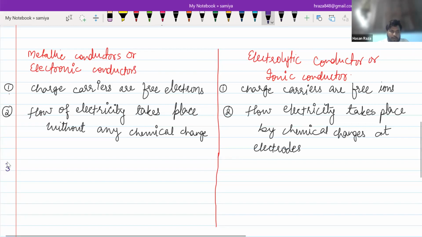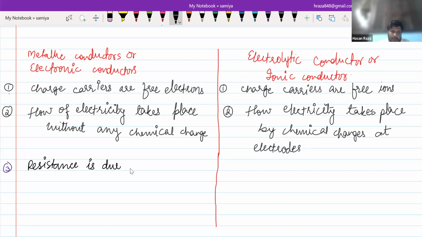The third point we can write about it. Resistance is due to vibration of kernels. Do you know what is kernel? Anyone? Kernels is a cloud of electrons, a group of electrons.